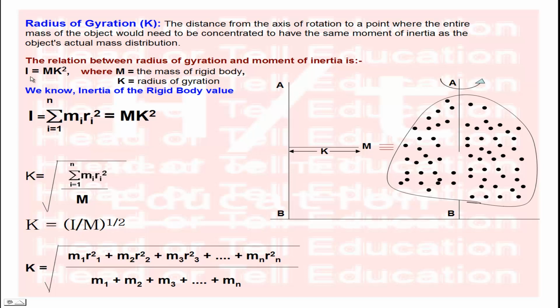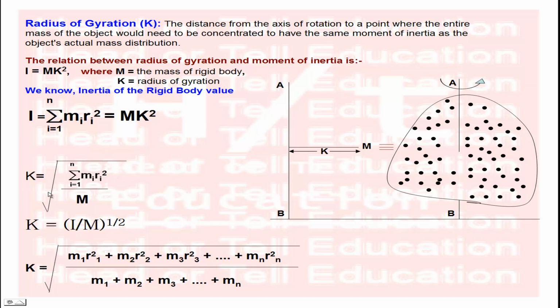The definition is I equals m k square, where m is the mass of the rigid body and k is the radius of gyration. If we calculate the individual moment of inertia of each particle, it equals the total moment of inertia m k square using the radius of gyration.